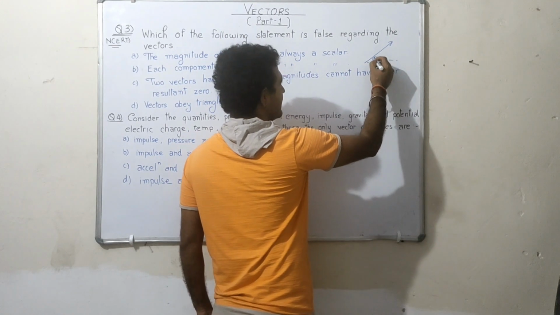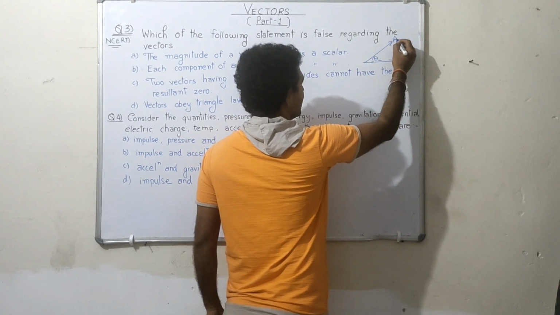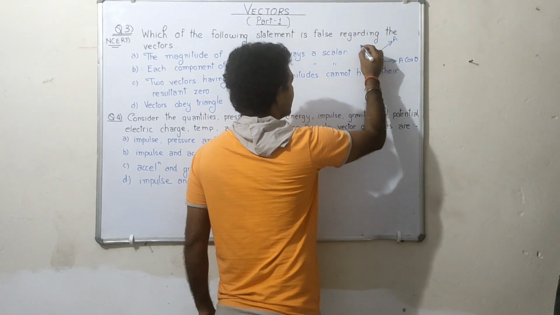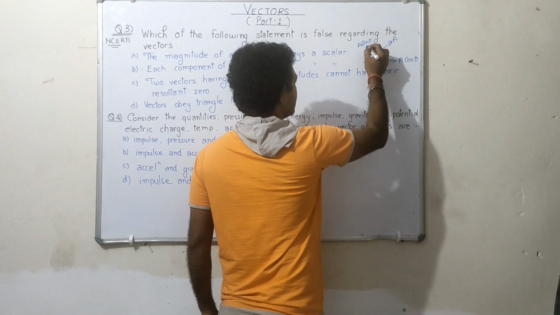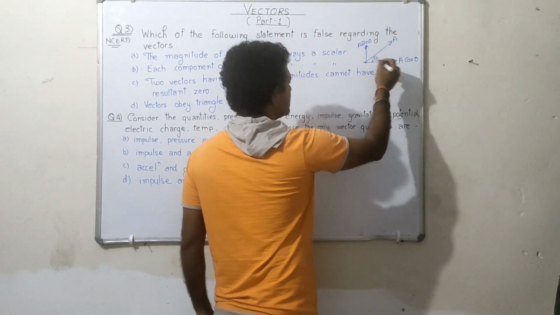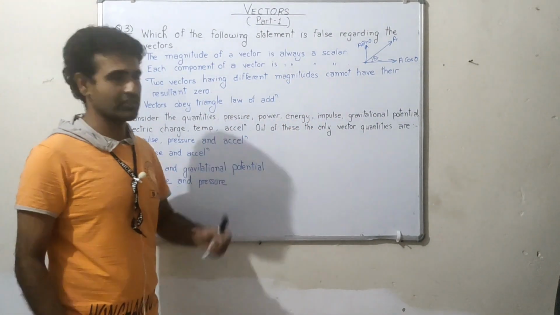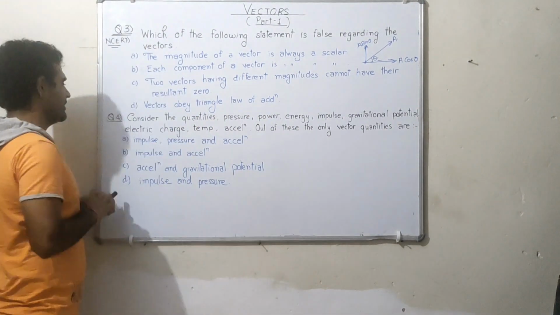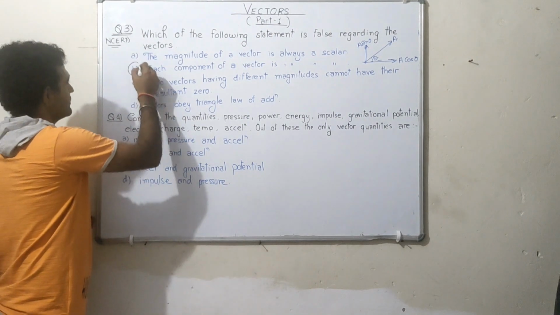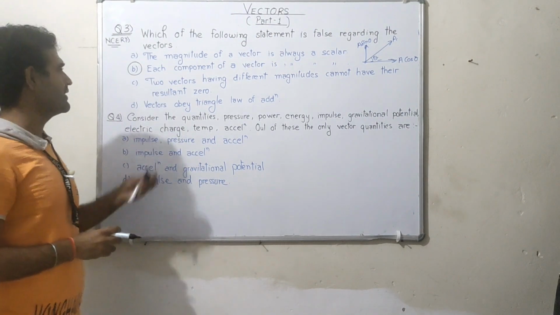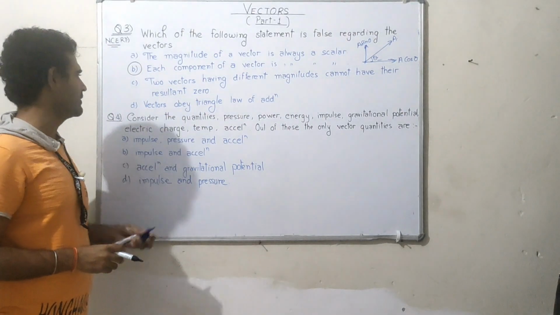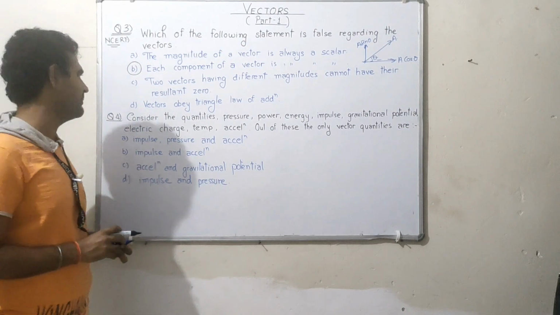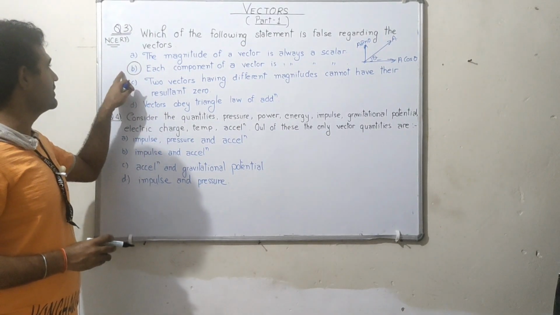Let us say this is angle theta, then we can divide this vector A into two components, A cos theta and A sin theta. Both these components are perpendicular to each other and they have a direction as well. So this statement is false. This will be the right answer. Two vectors having different magnitudes cannot have the resultant 0. No, this is also a vector property. Vectors obey the triangle law of addition. Yes, they do obey. So the answer option is B.